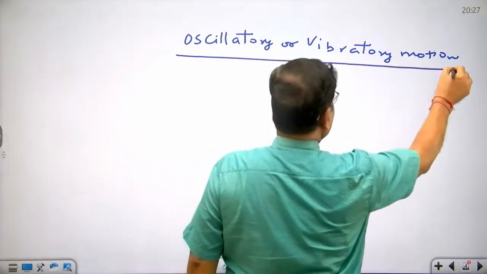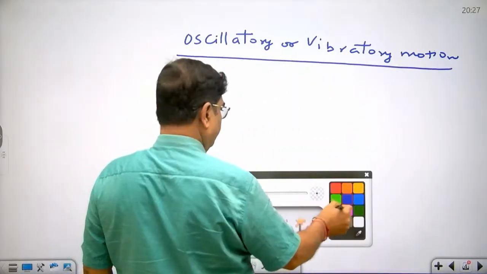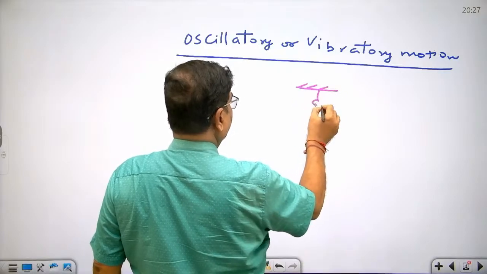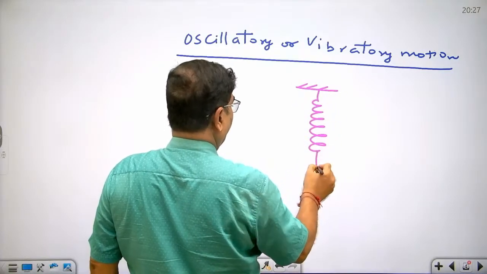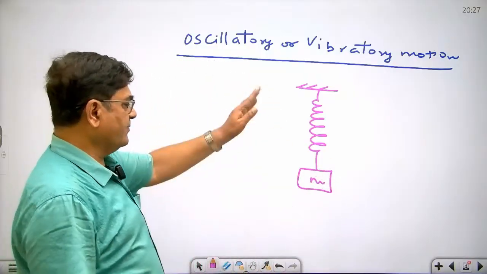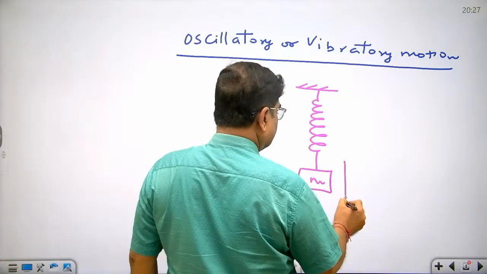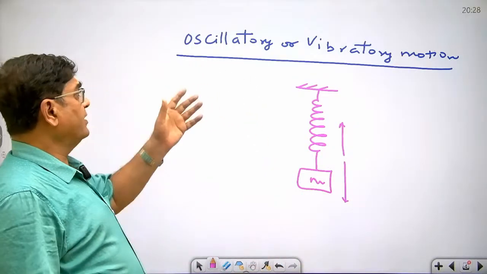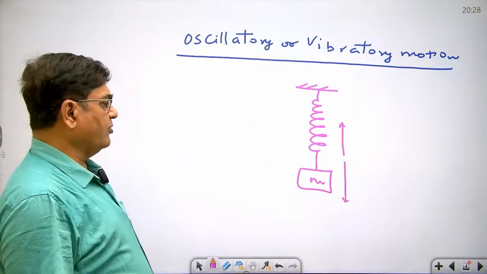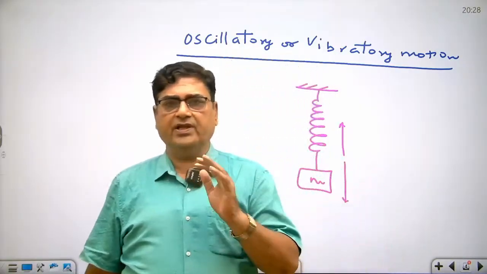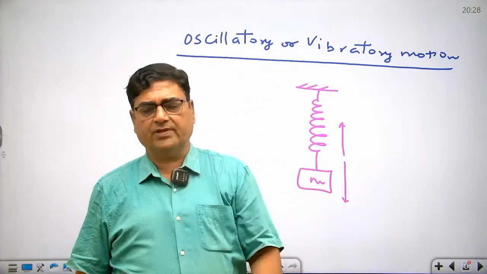It is a special case of periodic motion, which takes place to and fro about a fixed point. The motion of this spring pendulum in the vertical plane is an oscillatory or vibratory motion. Any motion that takes place to and fro about a fixed point is called oscillatory or vibratory motion.